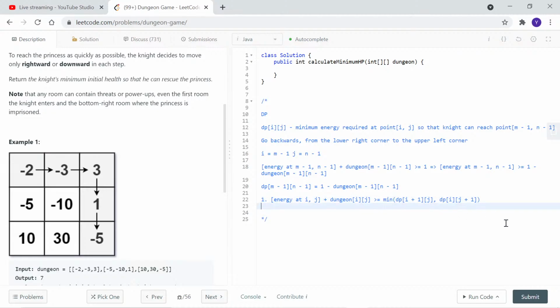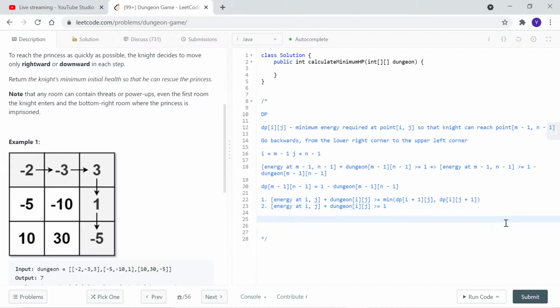So the second condition is we cannot have this value smaller than 1. So we also need to have it larger than or equal to 1.